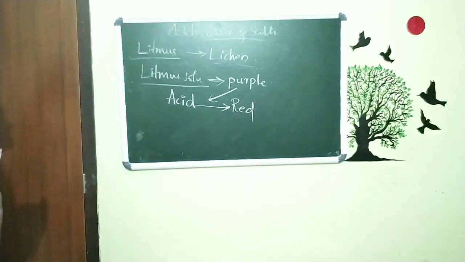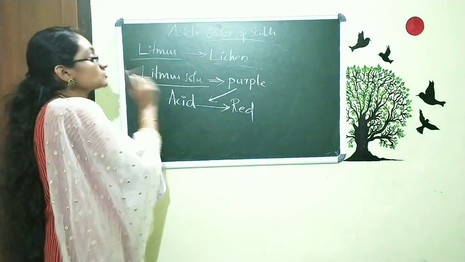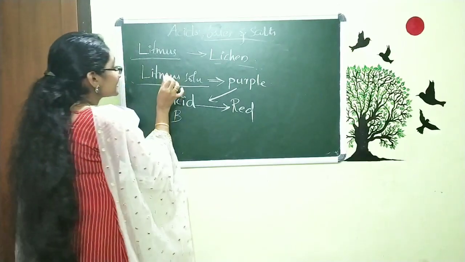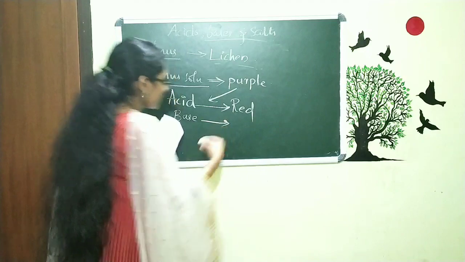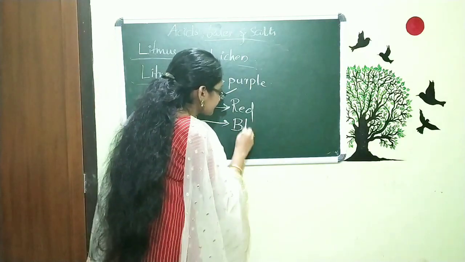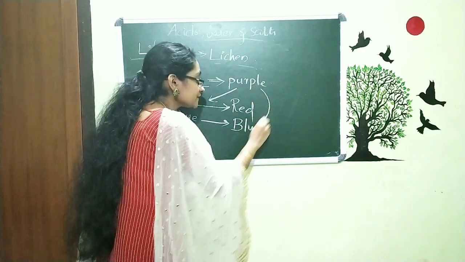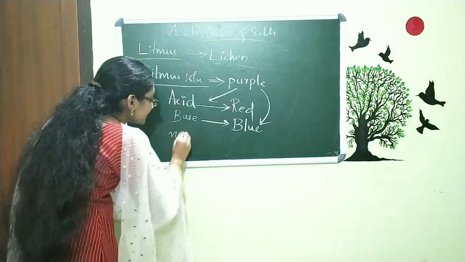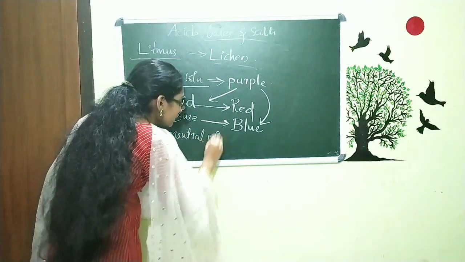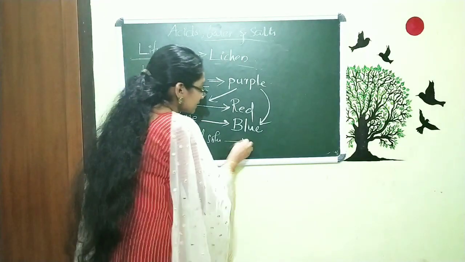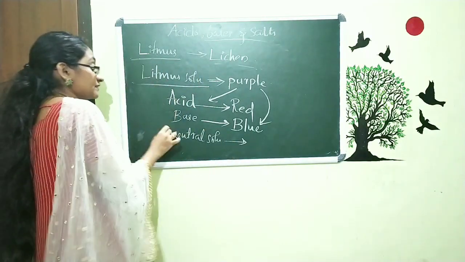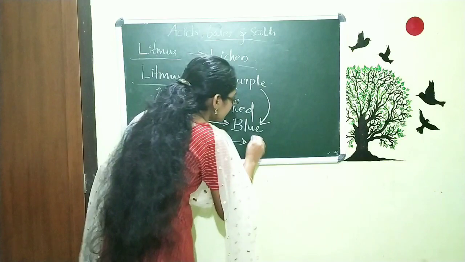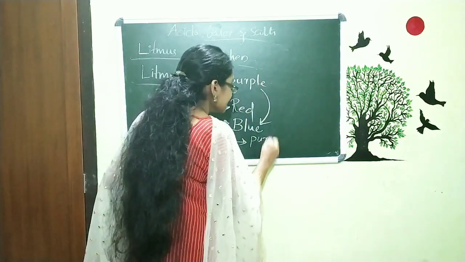When the litmus solution reacts with a base, we get blue color, that means the purple turns into blue. And for neutral solutions, the color will remain purple itself.